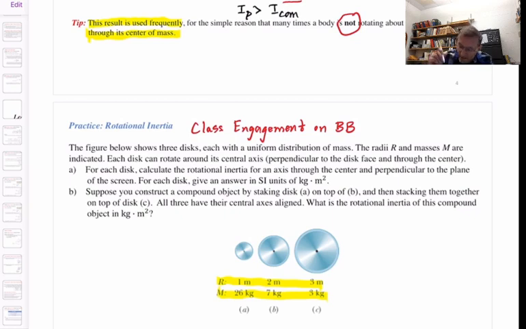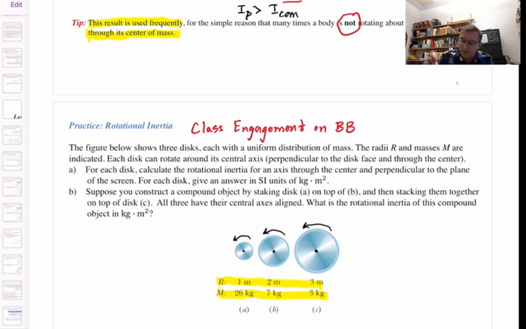Each disk can rotate around its central axis, perpendicular to the disk face and through the center. So you're looking at the axis of rotation edge on, that's coming out of the screen, and it's right in the center. It's those 3 black dots. And each of these things can rotate about that axis of rotation.